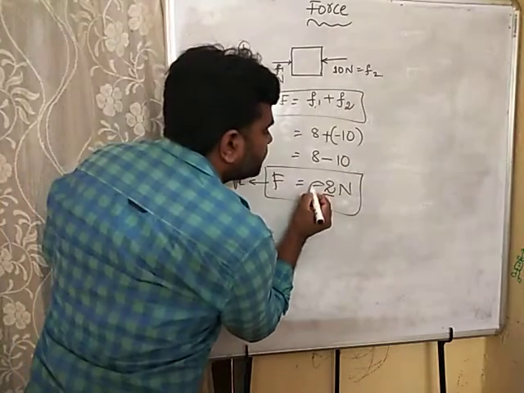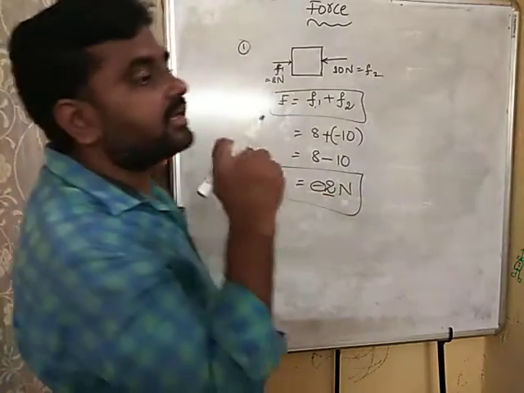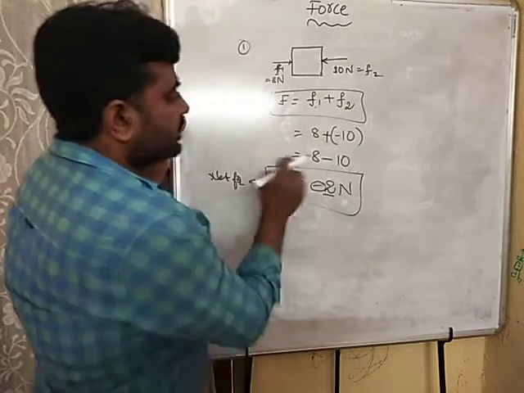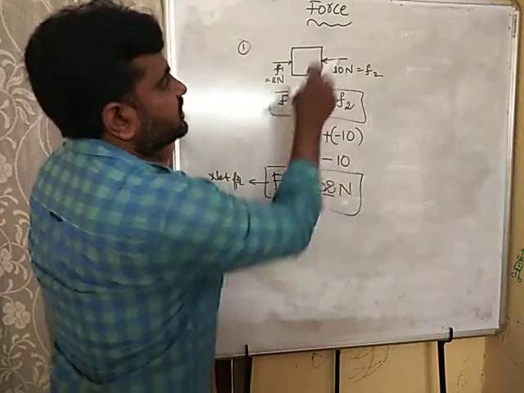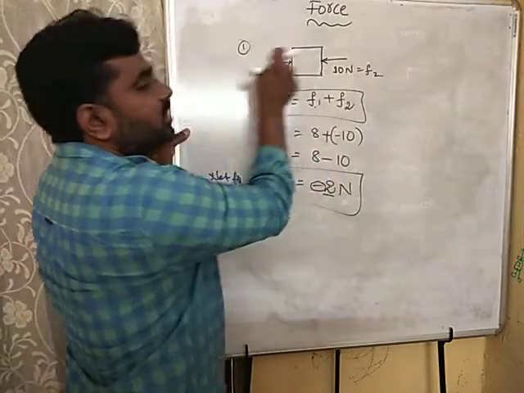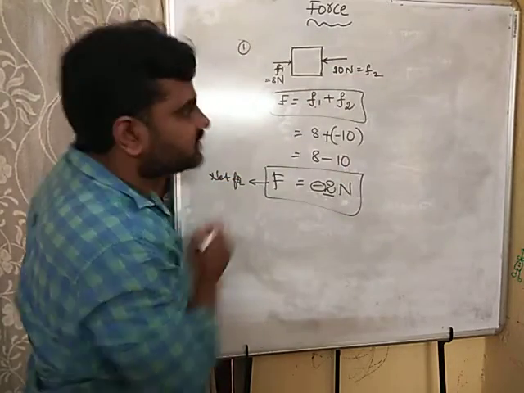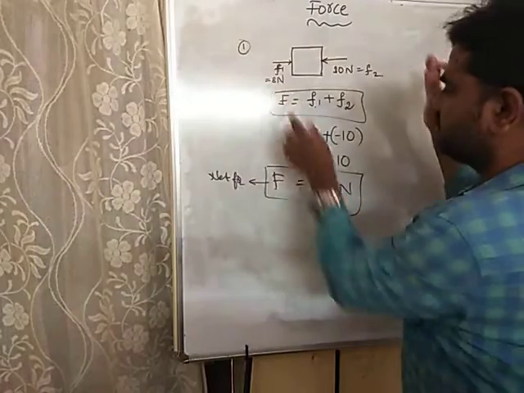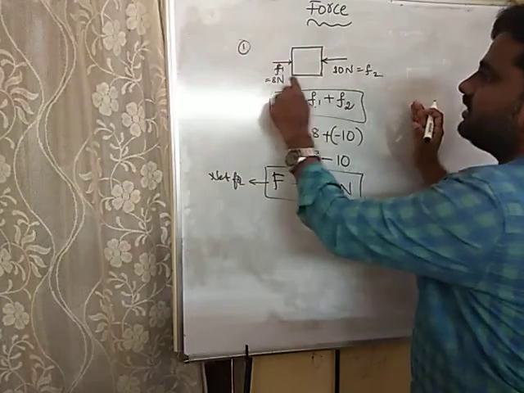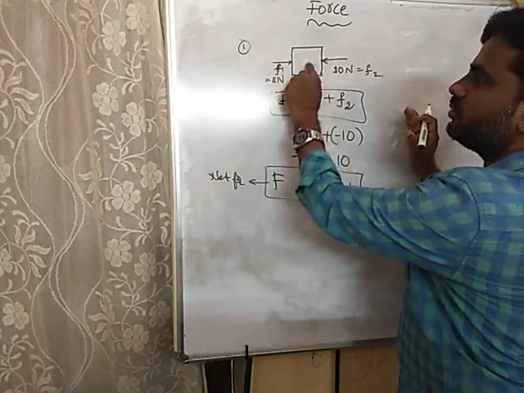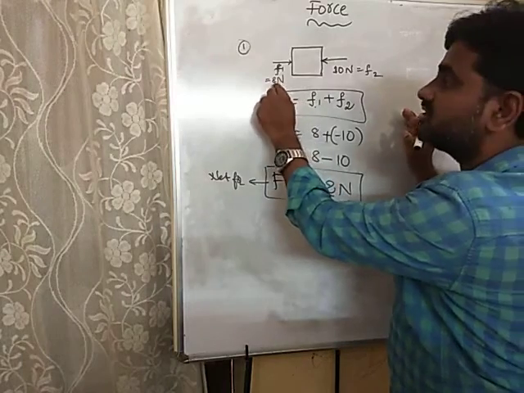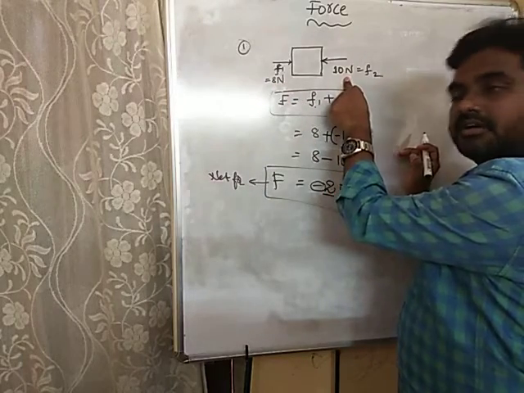So what about this minus sign, sir? What does it indicate? The minus sign shows the direction in which the body is moving. According to this example, one person is pushing the body with 8 newtons of force, which is lesser than 10 newtons.